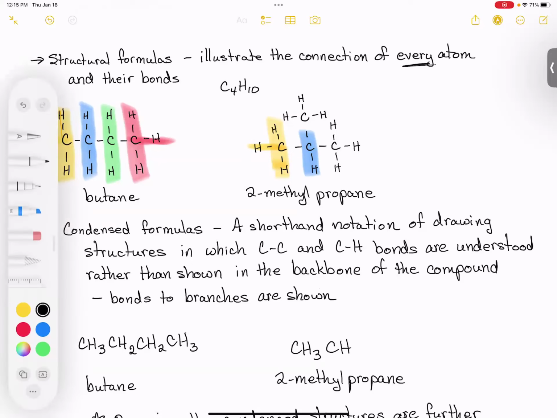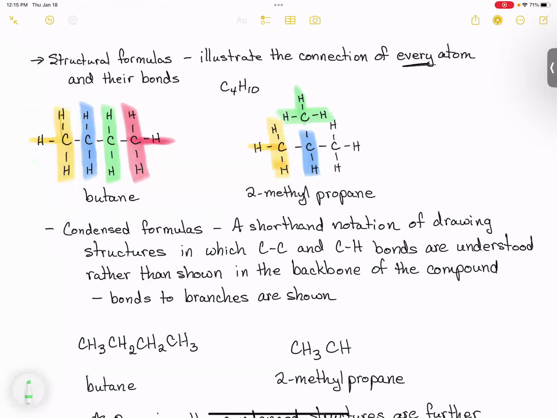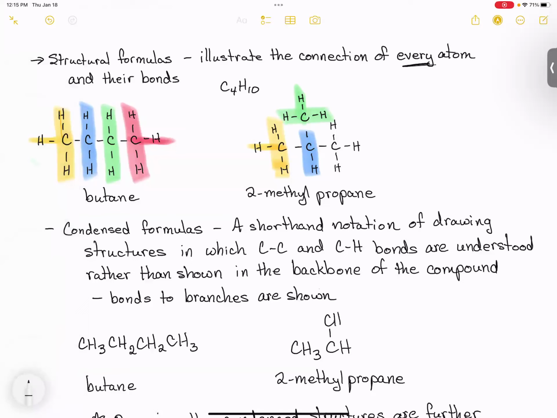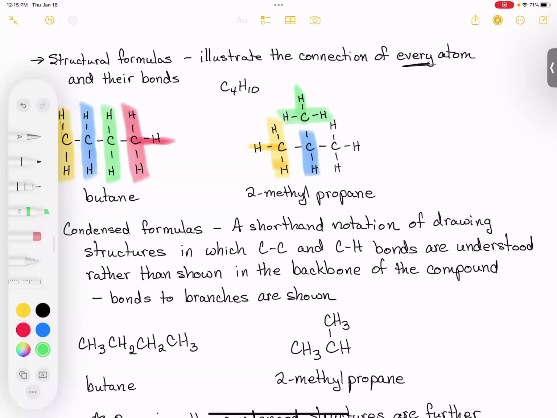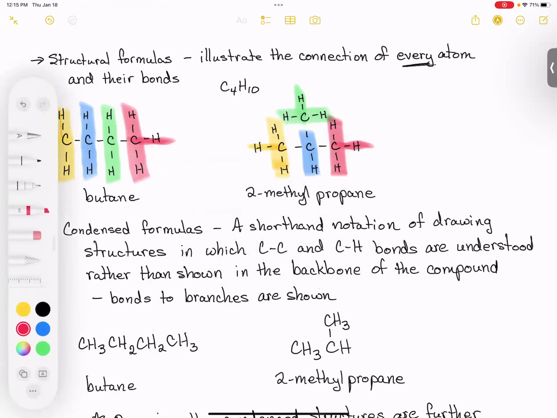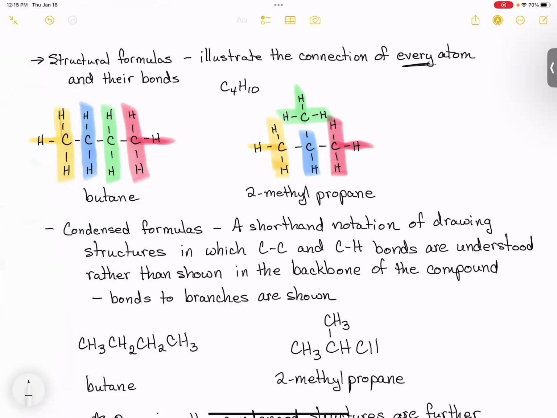But attached to that CH group is a CH3 group. And then finally, we finish off with another CH3 group in the backbone.